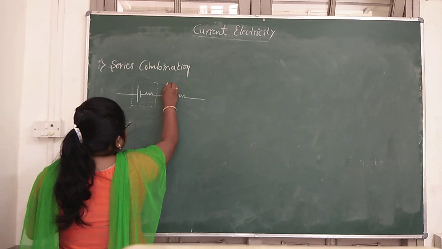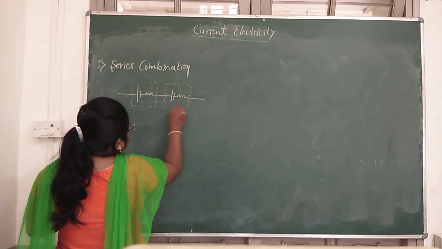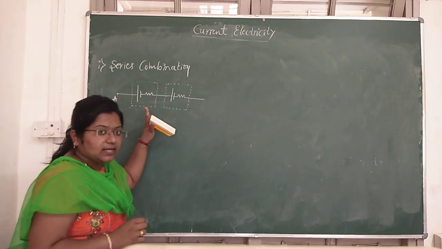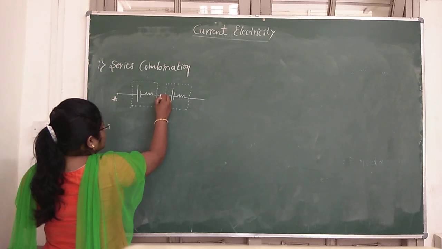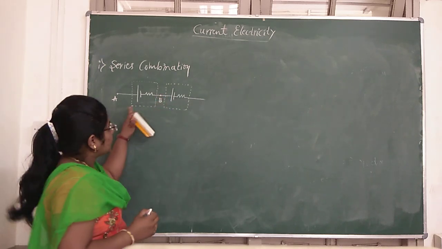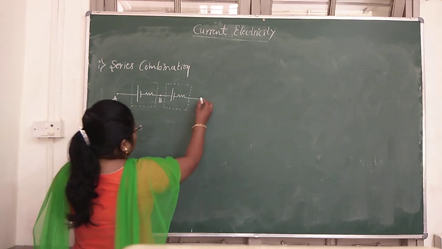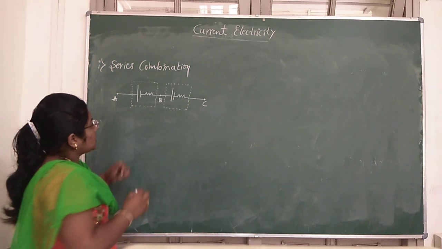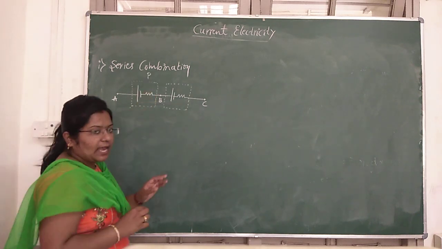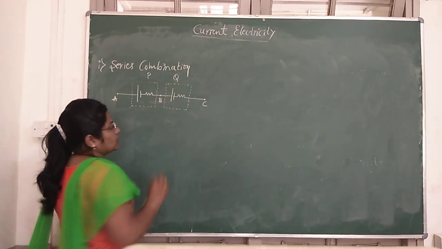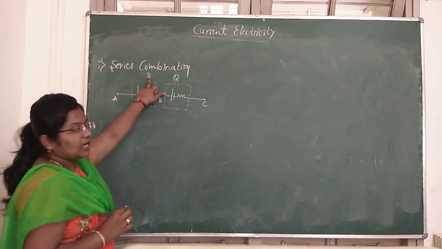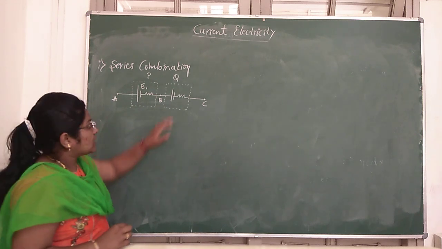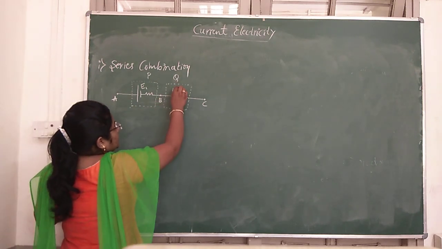So these two cells are combined in series pattern, and the first cell is located between the points A and B, and the second cell is located between the points B and C. Now I will call the first cell P and the second cell Q. The cell P has EMF E1 and the cell Q has EMF E2.